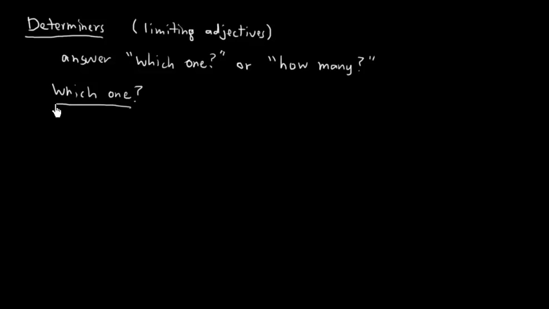Okay, which one? And the first one we're going to look at is the definite article. And this is a rather small group. As a matter of fact, it's the word the.